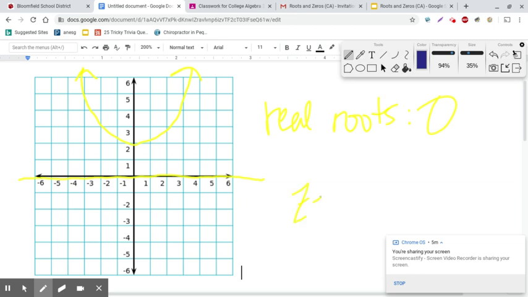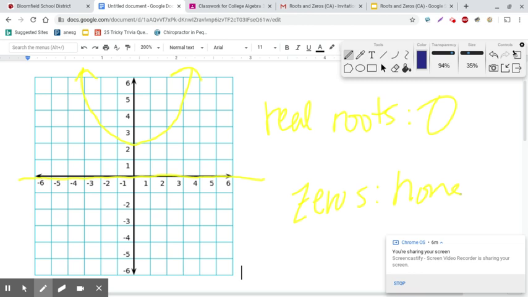And if I asked you for my zeros, none. Okay, it doesn't touch the bottom. Just kind of wanted to show you that if you guys did get an equation that actually doesn't touch the x-axis, that would have 0 real roots, and there would be no zeros. That sounds weird, but you get it.